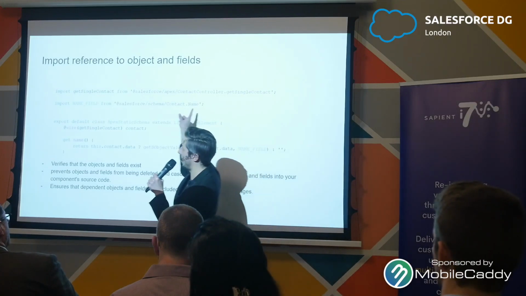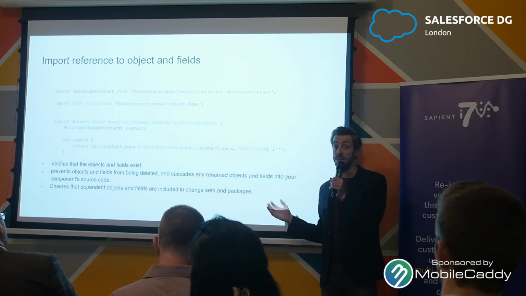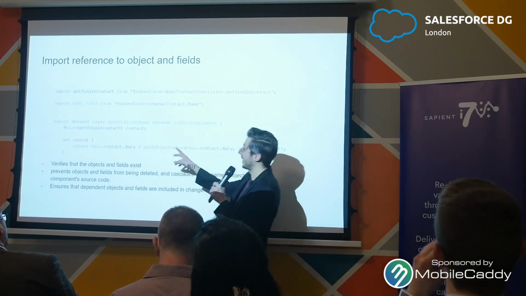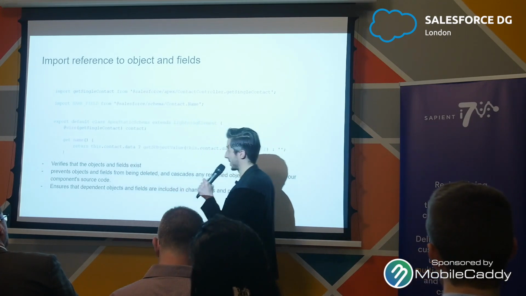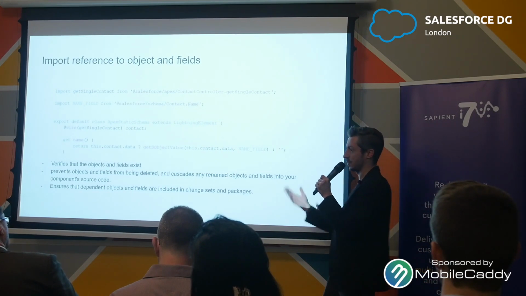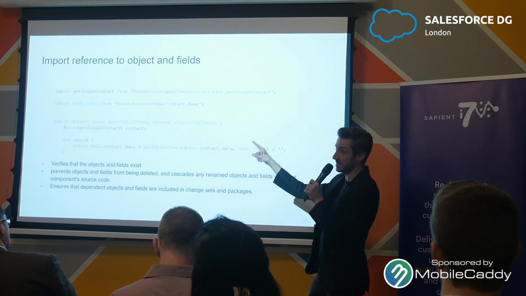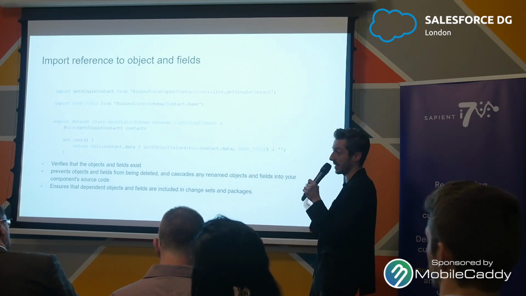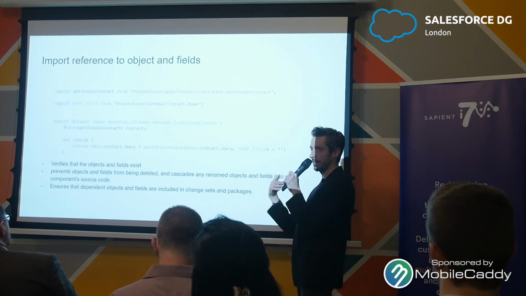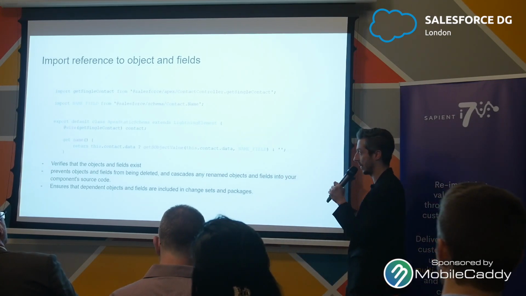This will ensure that any change of names to fields, objects, anything, any change of reference of your data model will be prevented if you have a reference to it. So you know the same way when you try to change a field or object and it tells you it's used in a class? Well, this is not Apex, but with this reference it will know. Also, if the name or the label changes or something like this, it will know as well. So it's quite a good way to keep your reference validity between your backend and your code.